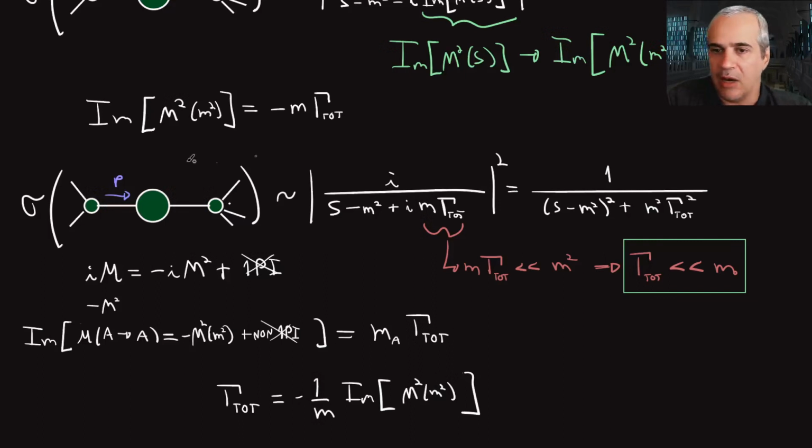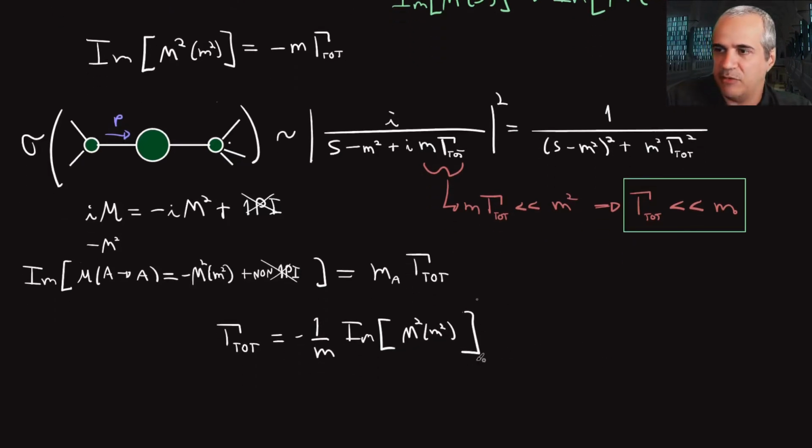So that's how these unstable particles behave. We can even take a more extreme case, right? Suppose that in the limit where m squared times the width is really going to 0, I'm really narrow in width.